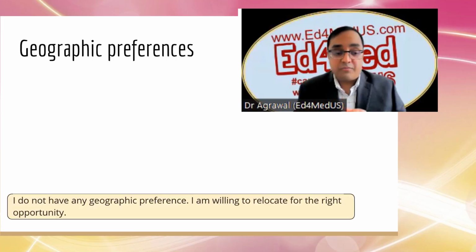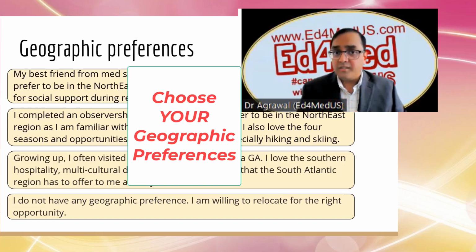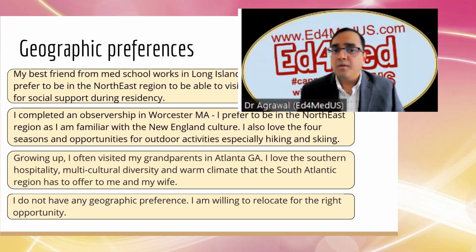If you don't have any preference, you still have to write a narrative. You can write something as simple as this: I do not have any preference. I'm willing to relocate for the right opportunity. Again, I highly suggest you identify geographic preferences and give reasons like what I've shared here with you.